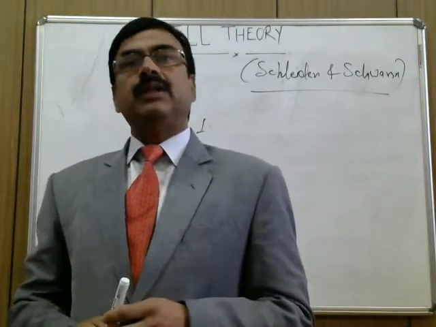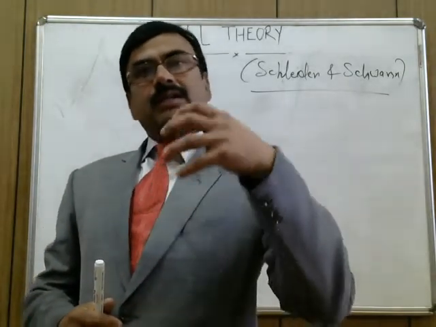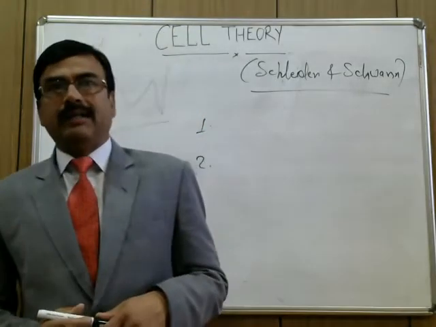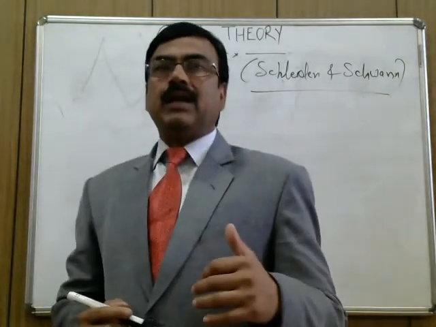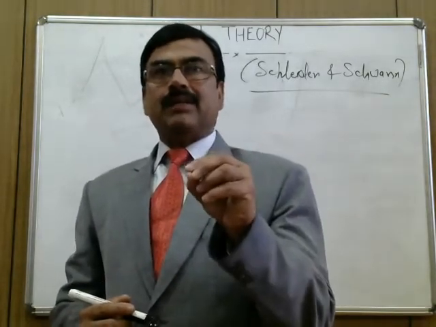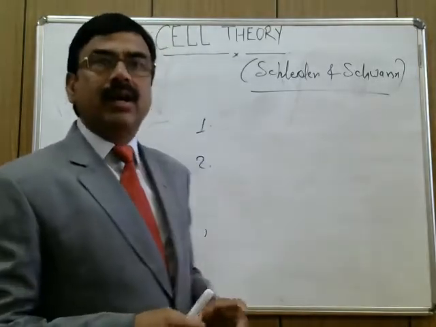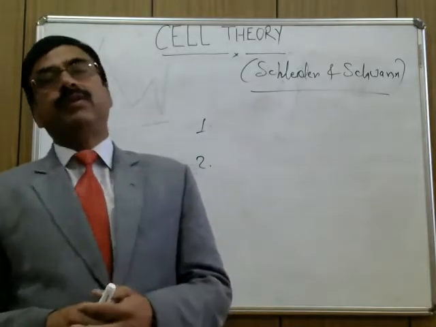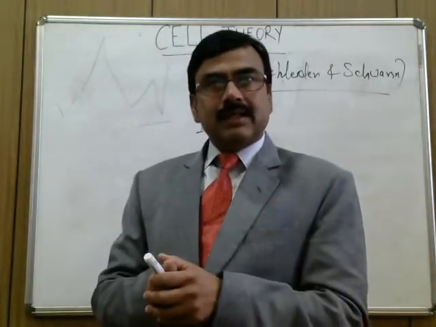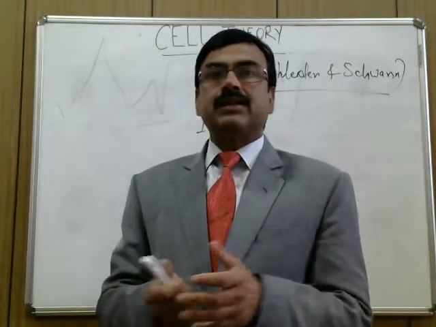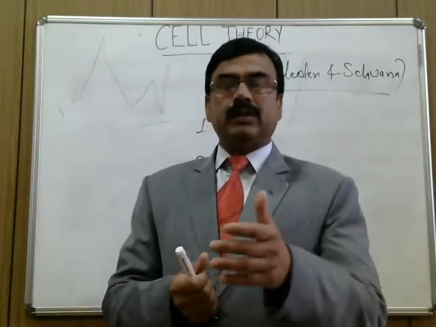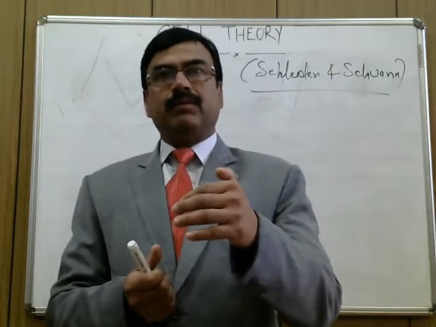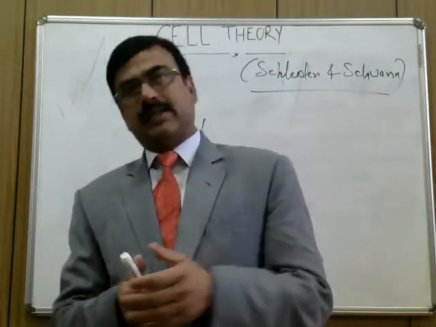After the cell theory, today I will take four important cell organelles. In the cell organelles segment I will tell you the internal structure of mitochondria, the internal structure of nucleus, the internal structure of chromosomes, and the fourth will be chloroplast.